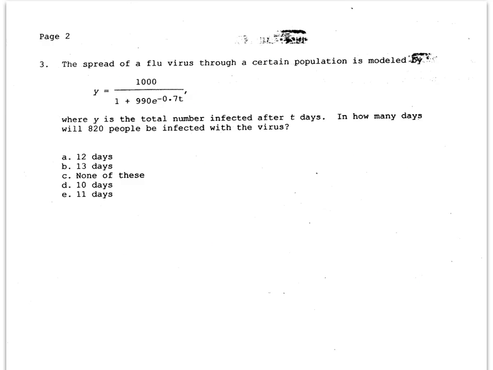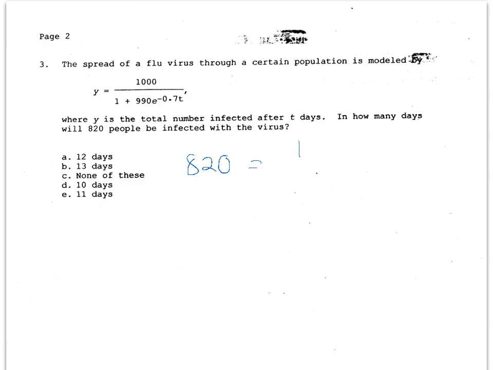In number 3, we are given the equation of a flu virus that is being spread, and we want to know in how many days will 820 people be infected with the virus. So in this case, we're solving for t because we want to know the number of days. So we're going to set y to 820.